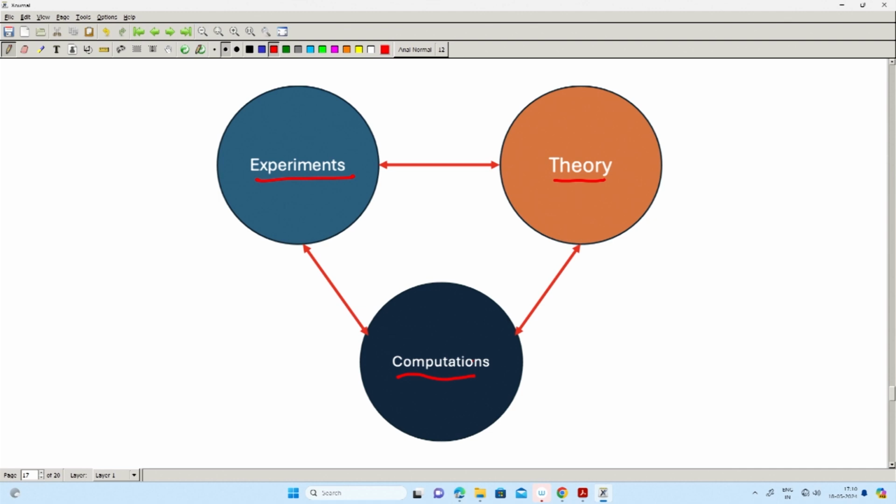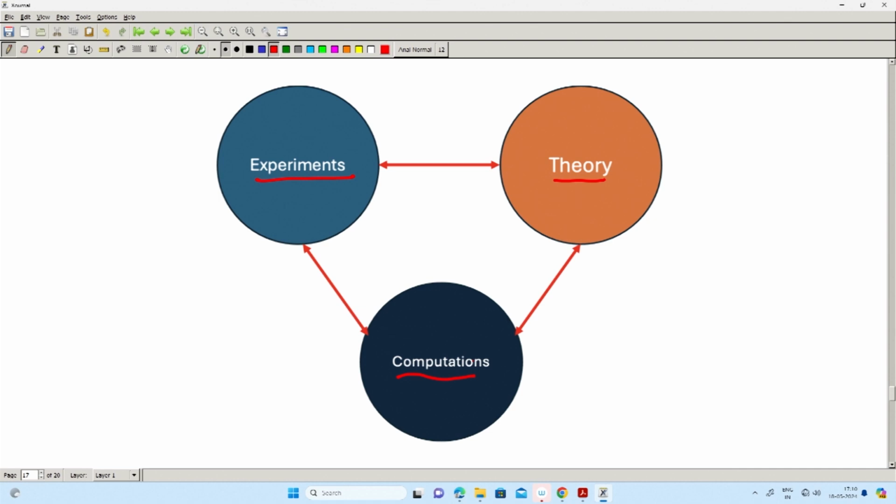And if you are proposing a new event or a new phenomenon which is not known, okay, then it has to be validated through all 3 models. Okay. So, the experiments and theory should conform to what you are seeing through computations, and then only will you be able to make a statement or conclusion about the thing that you are seeing through your computation.